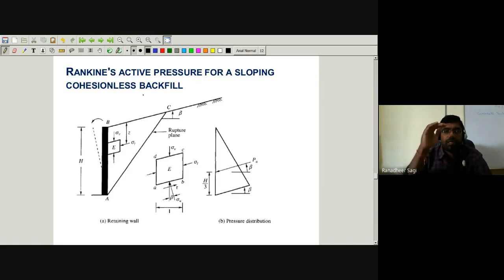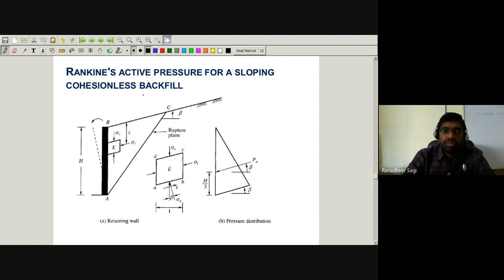That means on the higher elevated side, the ground surface is horizontal, but it need not be. The general assumptions of Rankine's earth pressure theory say that it's a smooth, vertical retaining wall with horizontal backfill.